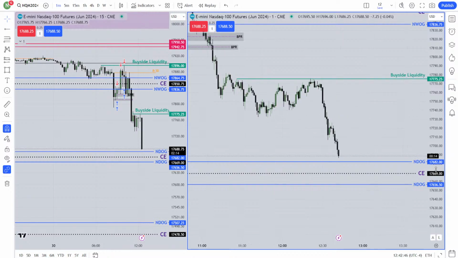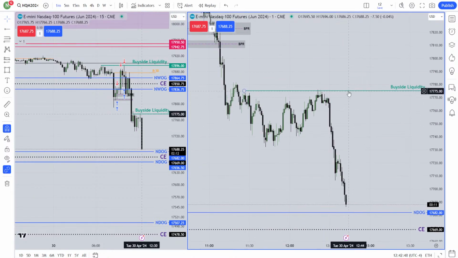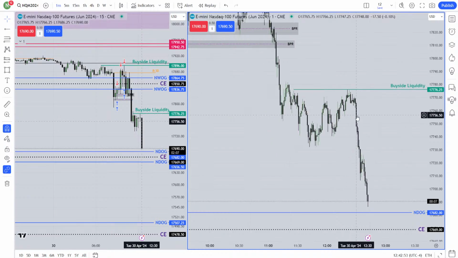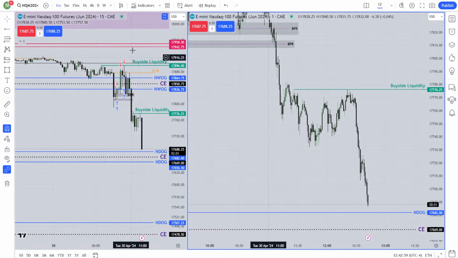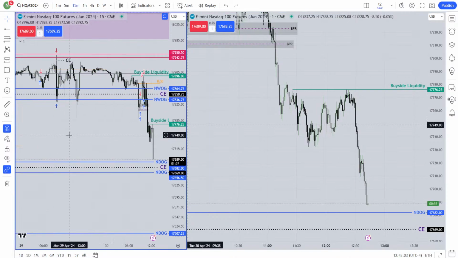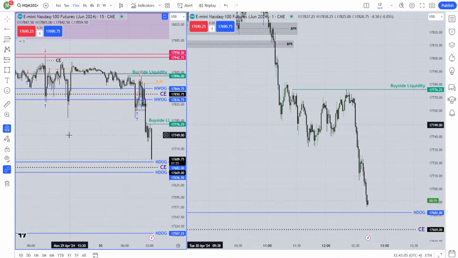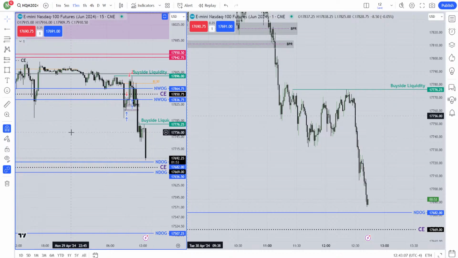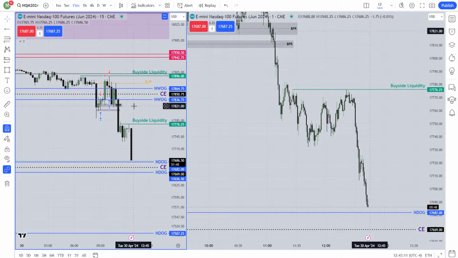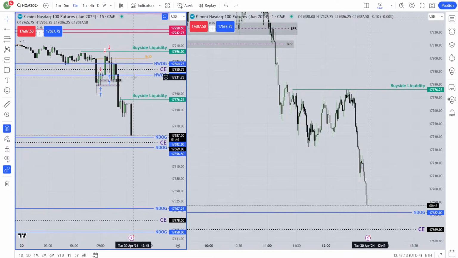Tomorrow FOMC is going to be very fun, I believe. Maybe I won't be there tomorrow, but I believe that you guys will enjoy tomorrow's FOMC. If the market leaves that buy side liquidity like that, trust me, man, the first move is the fake move. That means the 2 p.m. move is the fake move, and the 2:30 p.m. move is the real move. And if it left that buy side liquidity like that, what is going to be your target for the 2:30 move?